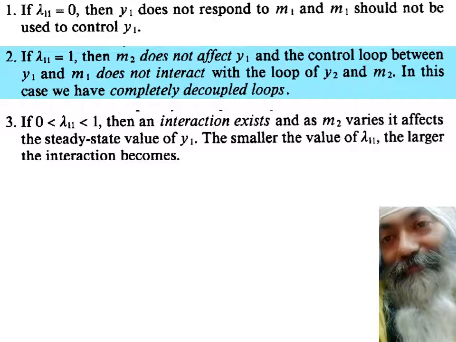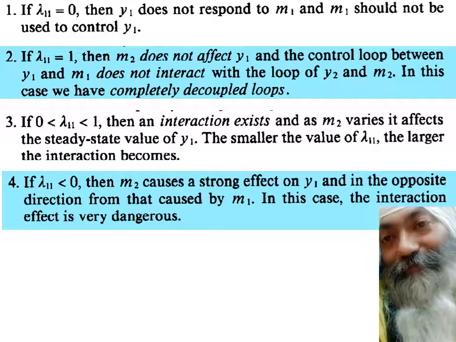Now, most of the times what we have is that this relative gain is neither 1 nor 0, but is hanging somewhere in between 0 and 1. It means that interaction exists, it is there. Smaller is the value of this relative gain, larger is the interaction, as we had discussed previously.